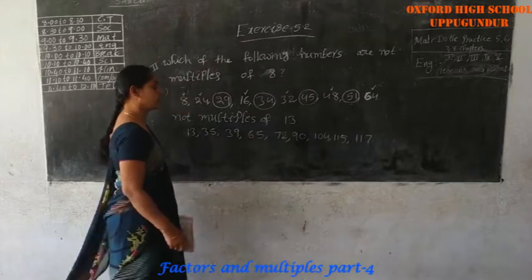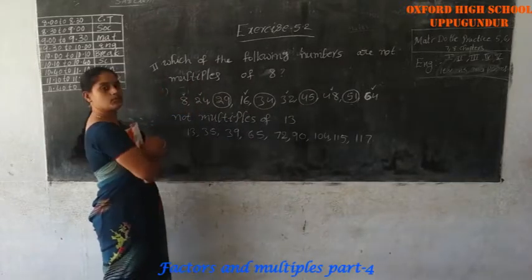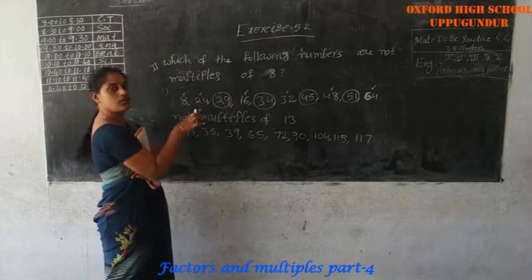These are the given values. 13 table possible values.